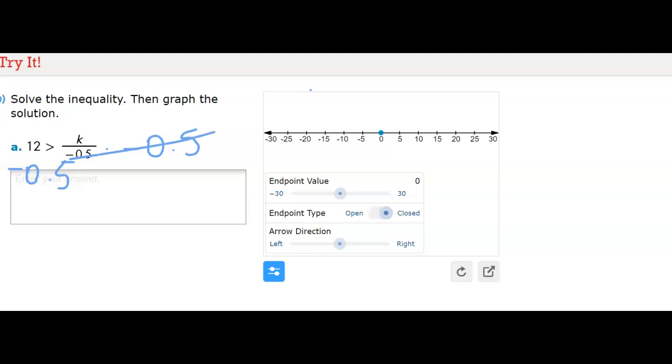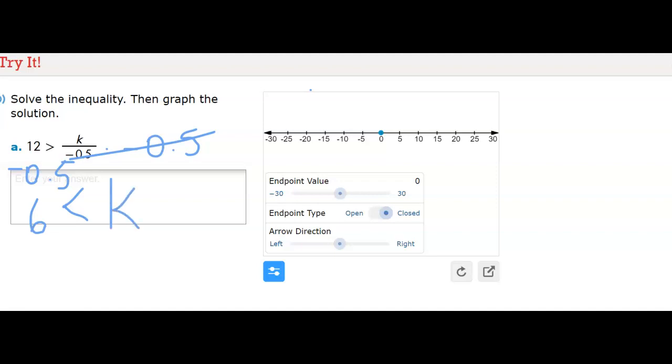And then 12 times the negative 0 and 5/10 is equal to 6. So 6 is going to be less than, because remember when we are using a negative and we're moving it over to the other side, that symbol must change direction. So it's now less than k.